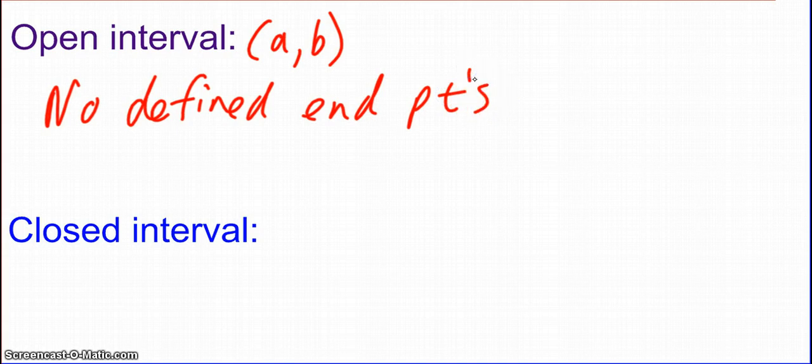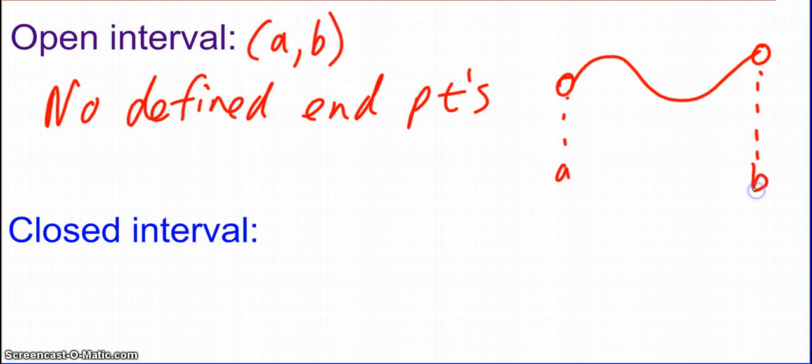It does not mean that it's all real numbers, though. A and b do not have to be negative infinity to infinity. We can have this at a and this at b, or a and b could be infinity or negative infinity. That's still an open interval. Basically, whenever the endpoints are parentheses, that means they're not included. We don't have defined endpoints.